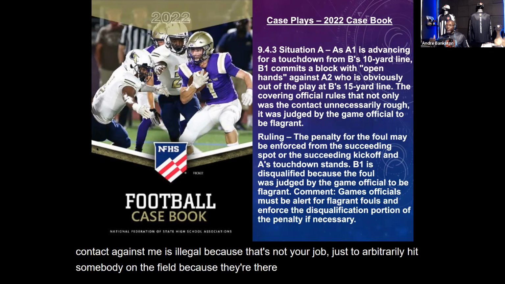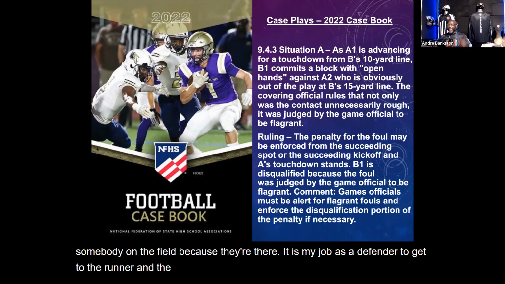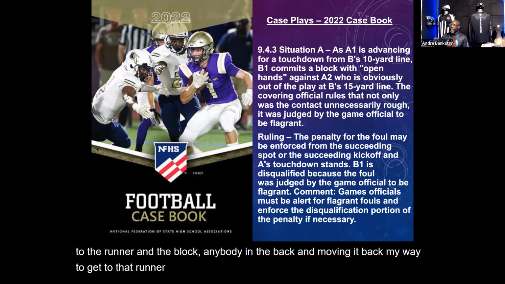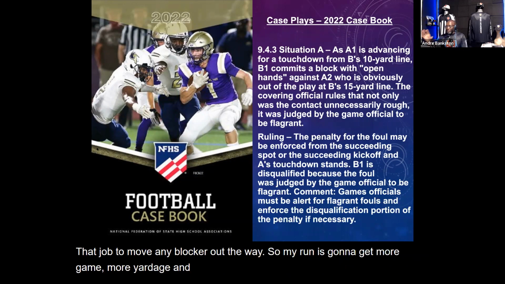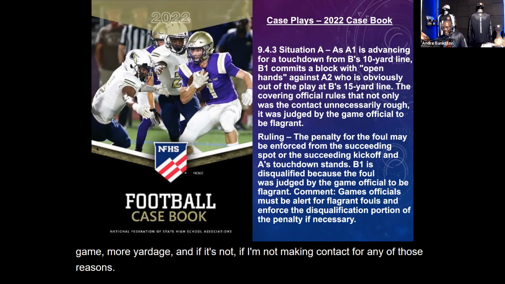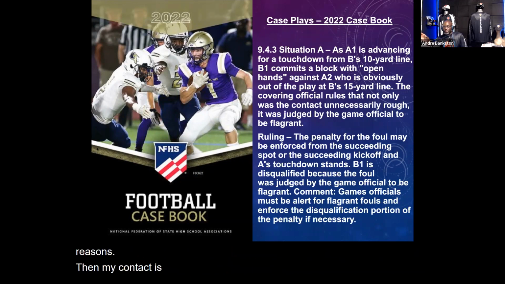It is my job as a defender to get to the runner and to block anybody in the way and to move anybody out of my way to get to that runner. And as an offensive player, it's my job to move any blocker out of the way so my runner can gain more yardage. And if I'm not making contact for any of those reasons, then my contact is illegal, and it's a personal foul.